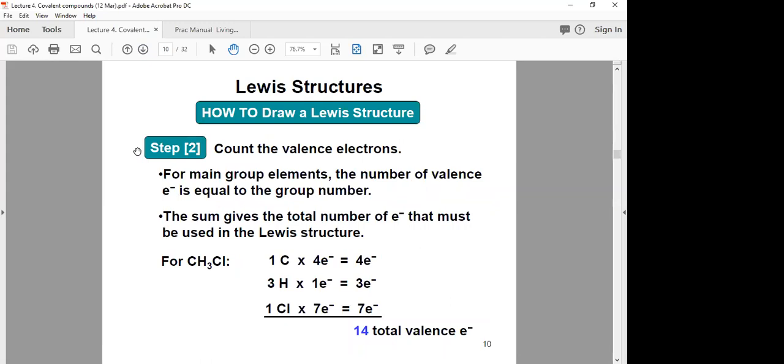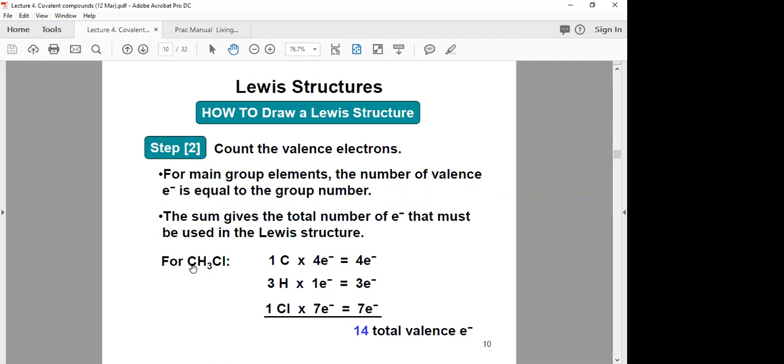Step 2, count the valence electrons. So for main group elements, you know that the number of valence electrons is equal to the group number, and this will give the total number of electrons that should be used in the Lewis structure. Here's another example, CH3Cl. Let's look at each of the atoms and how many valence electrons is associated with each.